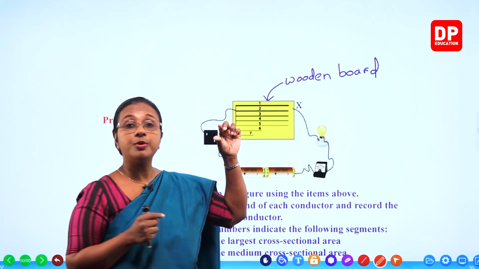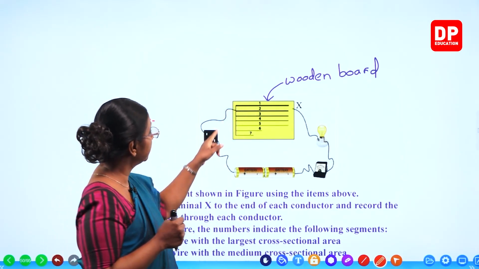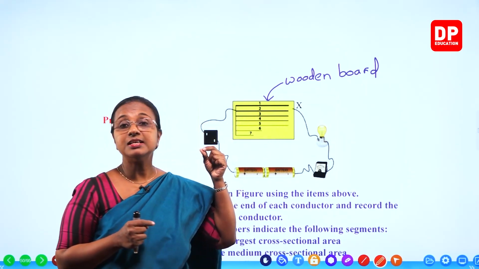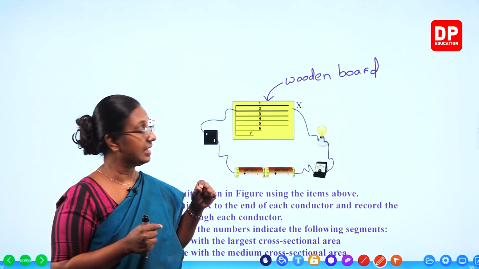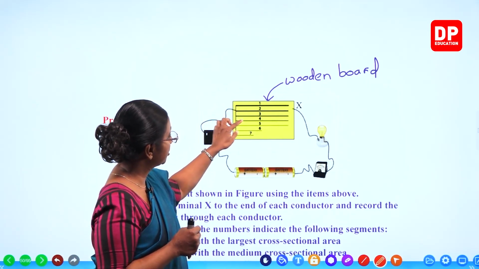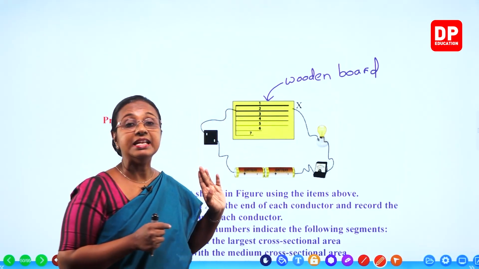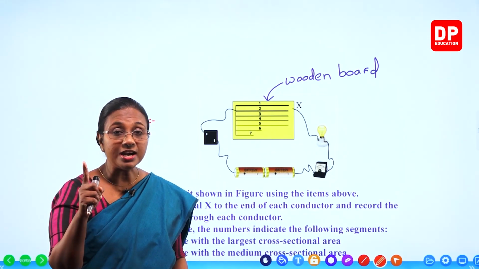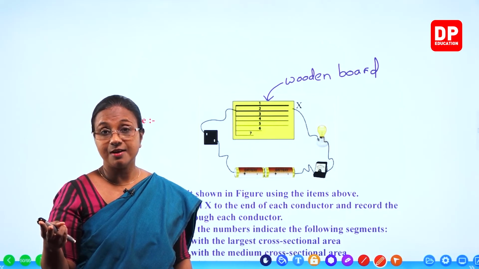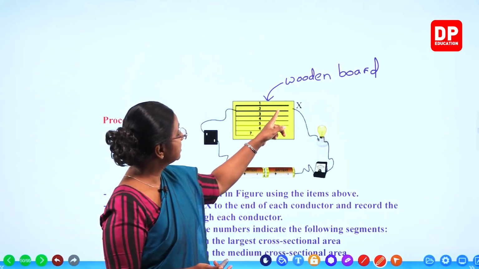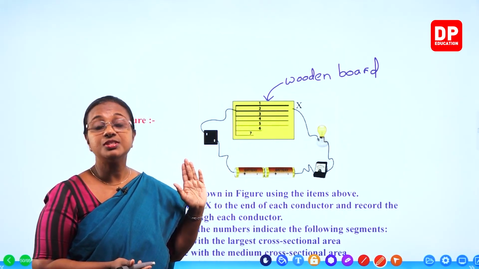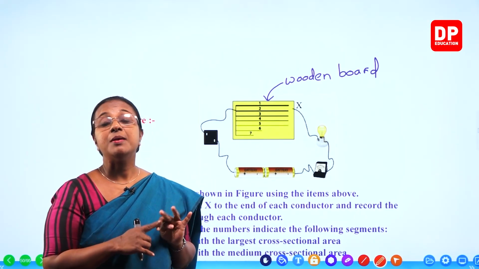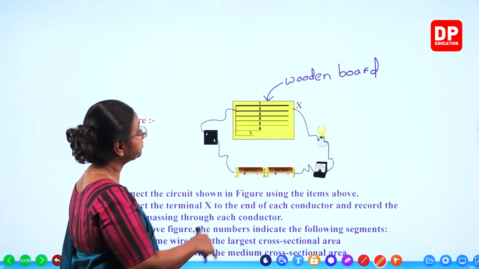One has a broader cross section, 2 is medium size, then 3 has a thin cross-sectional area. So three different cross-sectional areas, same length, and it has to be the same material. When we are testing for one factor, the other two factors have to be constant. So for the first three, only the area of the cross section is different; length is the same, material is the same.